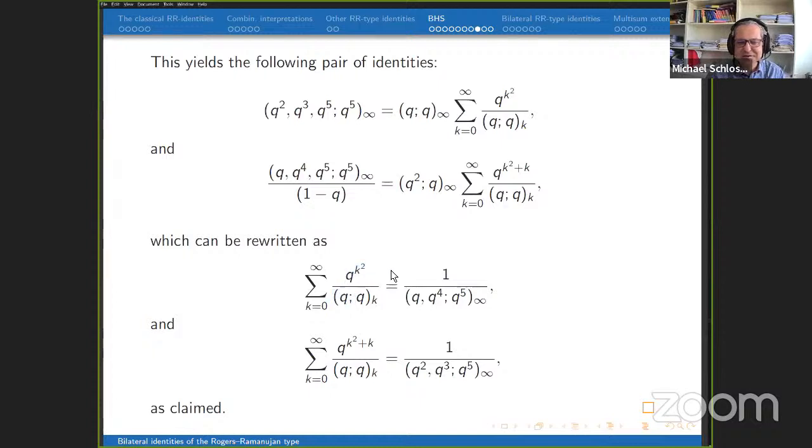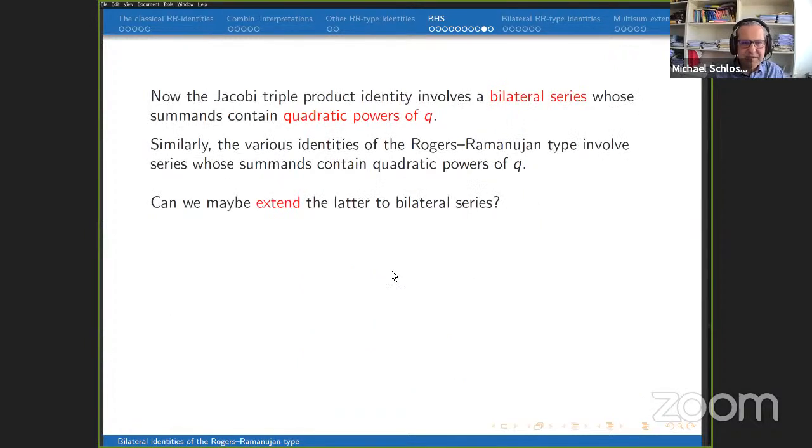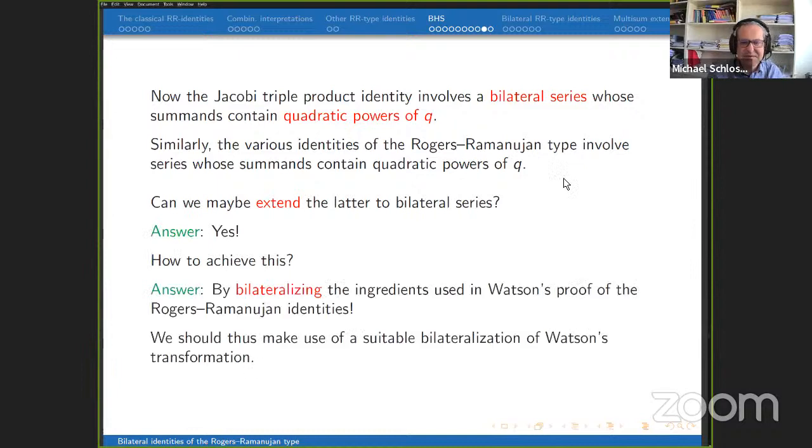So you can imagine that you could possibly go in the negative direction as well. So can we extend these to bilateral series? The answer is yes. That's what my talk is about.